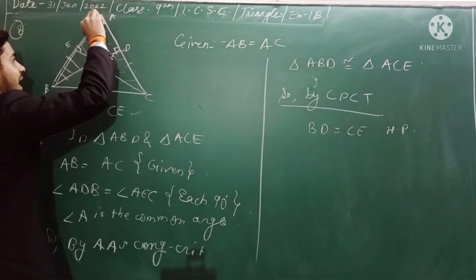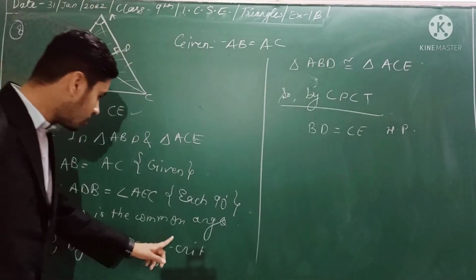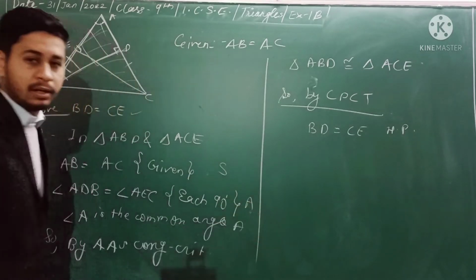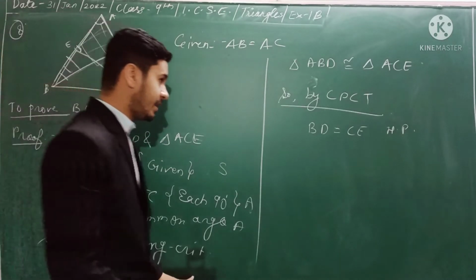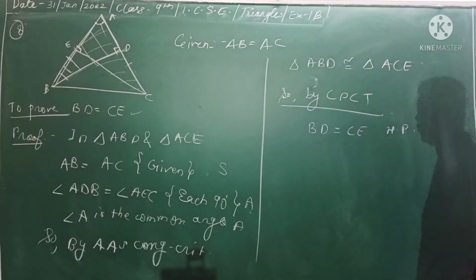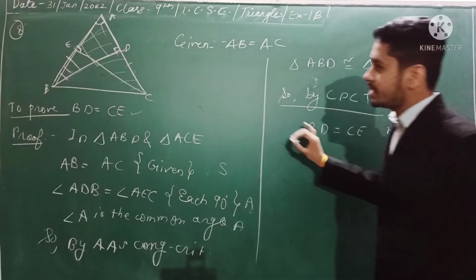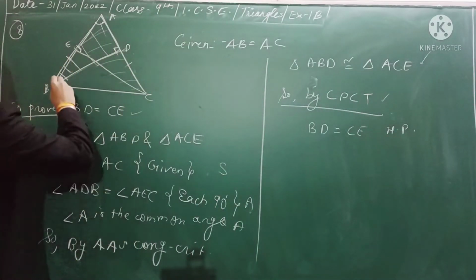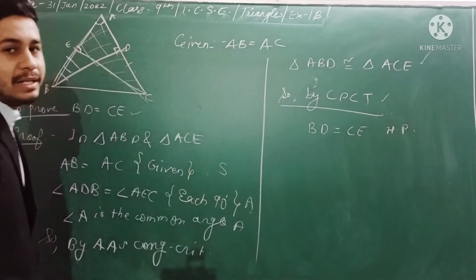And as you can see, angle A is common in both the triangles. So we take this also. So we got one side, one angle, and one more angle. So by angle-angle-side congruency criteria, we can say that these two triangles are congruent to each other. And if they are congruent, then with the help of CPCT we can say that the corresponding sides or angles will be equal. And we need BD to be equal to CE. So we have shown it, and hence proved.